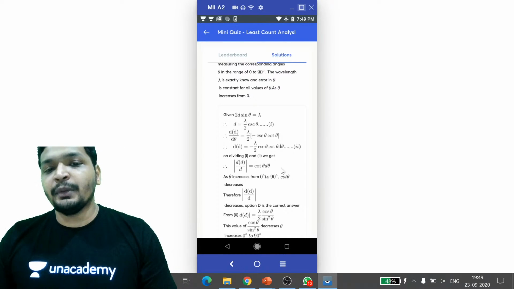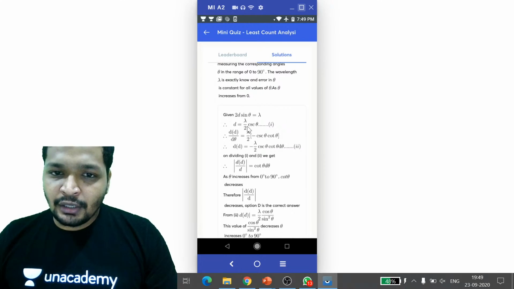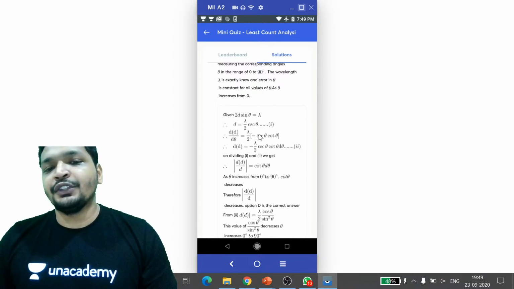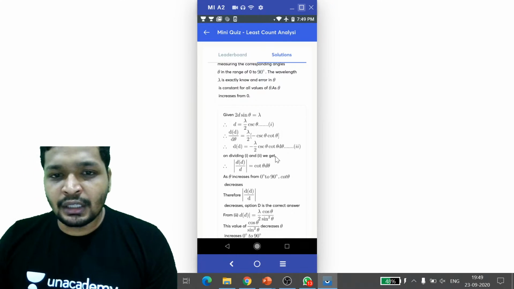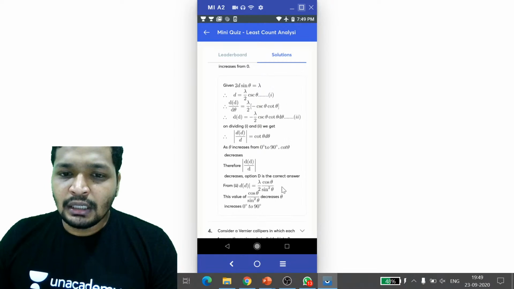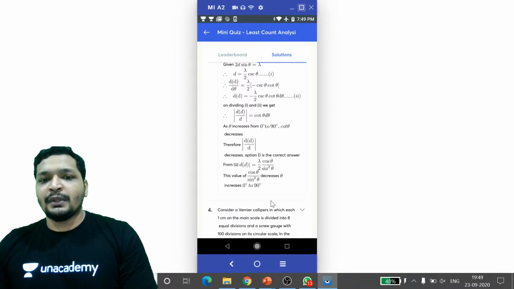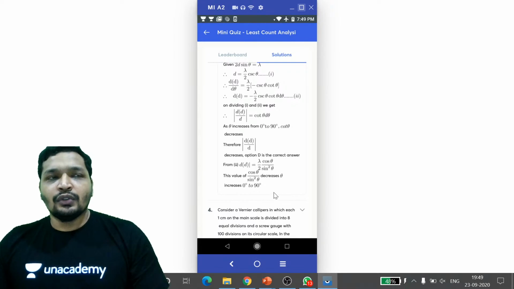It should have been cosec theta, and then you should have analyzed it. On differentiating cosec theta, you'll get cot theta d theta, and the rest is just what happens from 0 to 90 degrees.